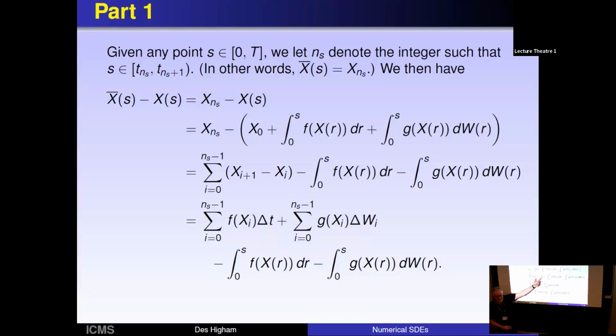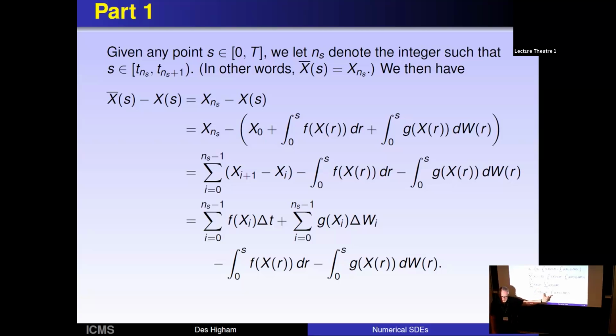And this is nice to do because this is how our method's defined. The numerical method tells us how to get from x_i to x_{i+1} by simply adding the increments. So this summation can now be written this way, where we're just applying Euler-Maruyama, and we're comparing it with what the exact solution propagates like. You can also interpret this differently. This is like a Riemann sum approximation to these integrals.